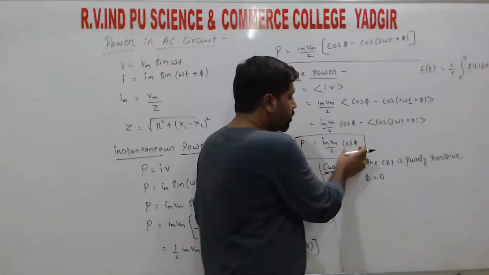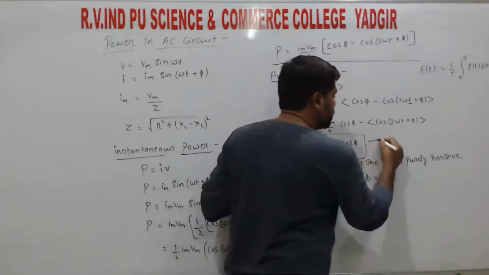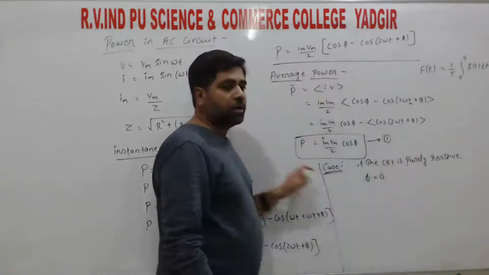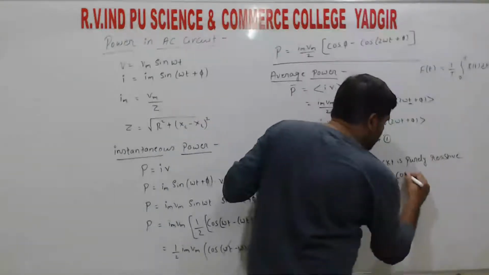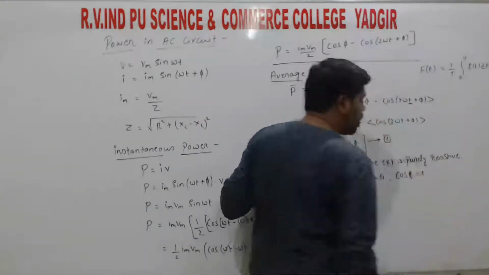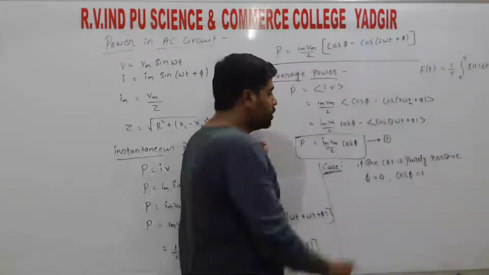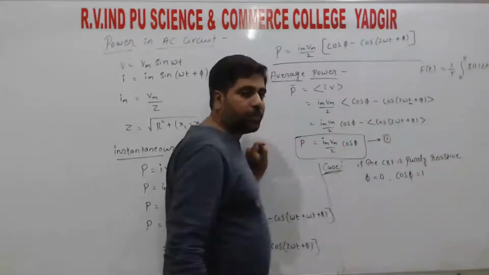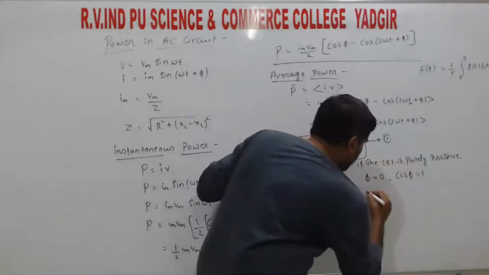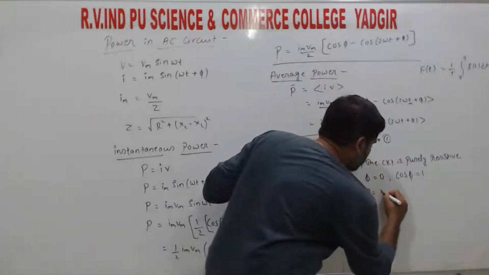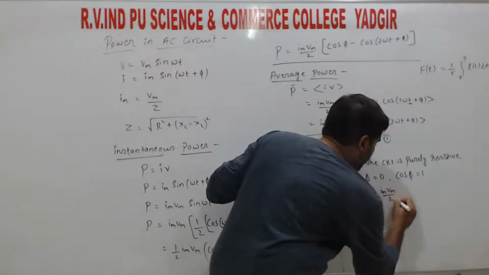Using equation 1, when phi is equal to 0, cos phi is equal to 1, so there is maximum power dissipation in a purely resistive circuit. Substituting into equation 1, we get P is equal to Im Vm divided by 2.